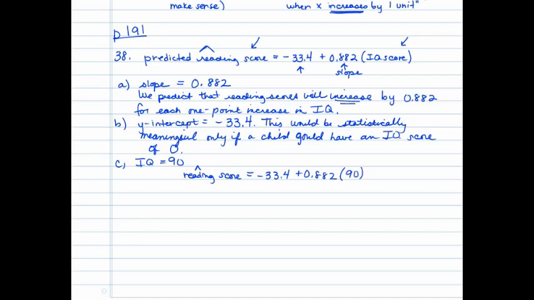So, need a calculator. 90 times 0.882, 79.38, and added to negative 33.4, I'm getting 45.98. 45.98 would be their predicted reading score.